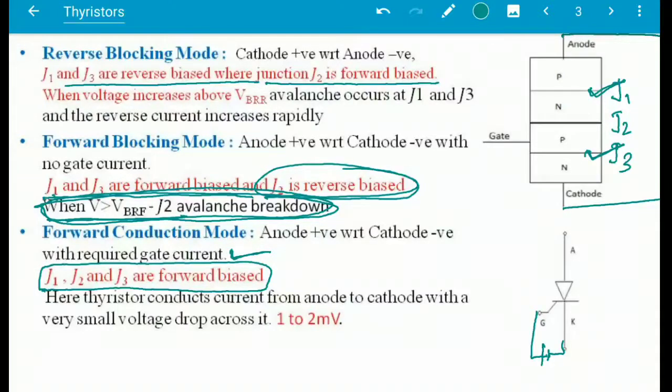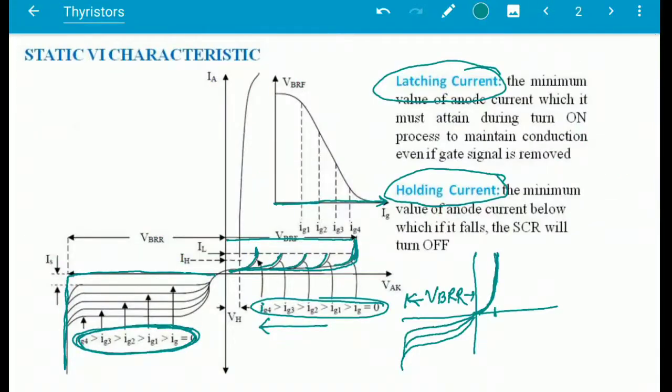So here the thyristor conducts current from anode to cathode with a very small voltage drop across it, that is around 1 to 2 millivolt. Here the two terms coming which are more important are latching current and holding current. What is latching current?